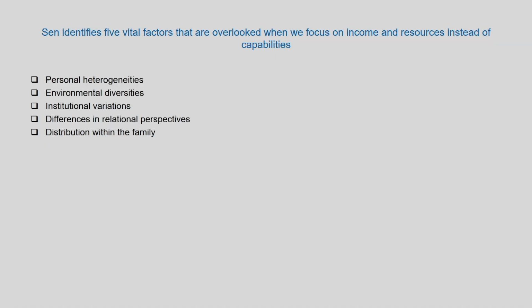Thirdly, Sen identifies institutional variations as something very important when we are looking at development frameworks. So, for example, there are parents in a country which has free public education in place, where there is a lot of institutional support with regard to education of their children, and there are parents in a country where there is no public education, education is completely privatized.